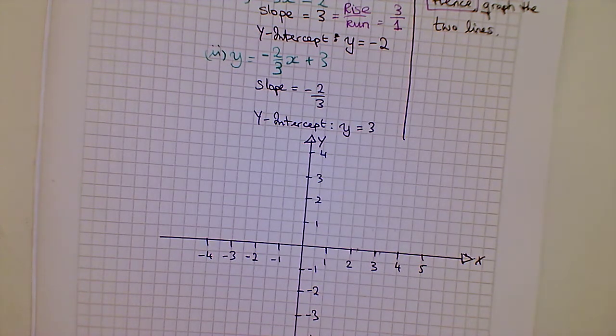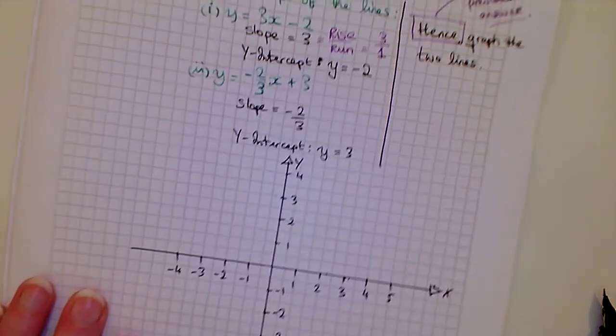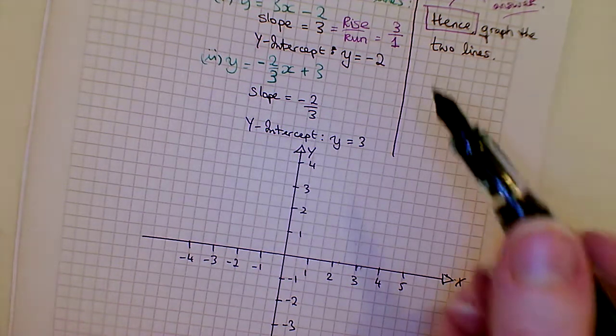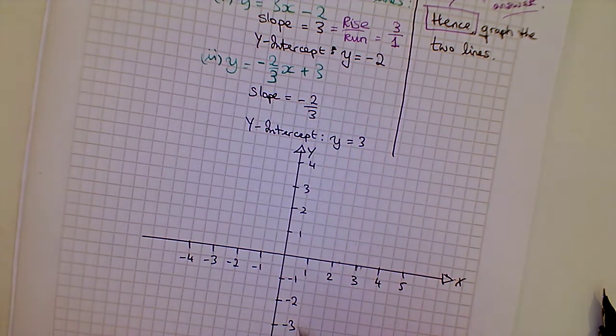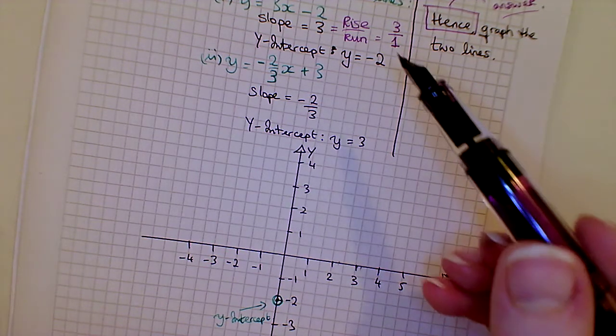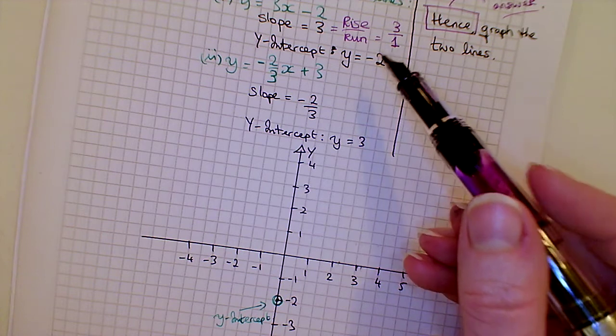So for the first line, the information that we have is that the y-intercept is y = -2. So that means on this axis, it's my y-intercept. And now I'm going to use the slope. So I said the slope is rise over run, which is 3 over 1.